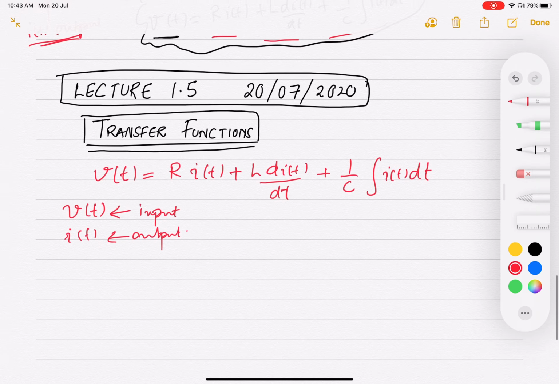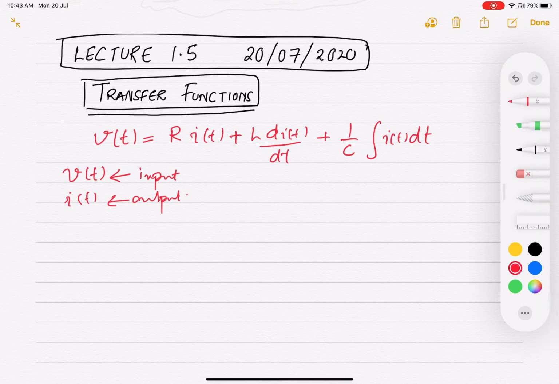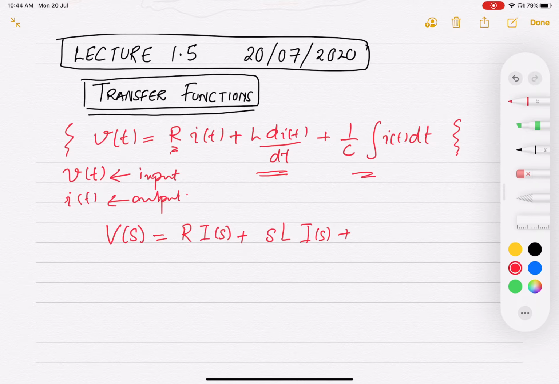So if we apply Laplace transform on both sides of this differential equation, the Laplace transform of a function of time is a function of s. And R is a constant, so R I(s). For the derivative term, the Laplace transform would be s times L I(s), and for the integral term, you divide by s, so 1/(sC) I(s).